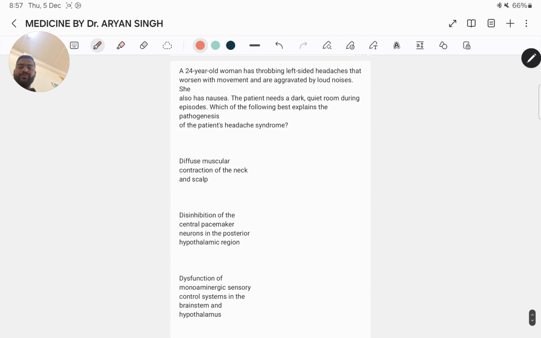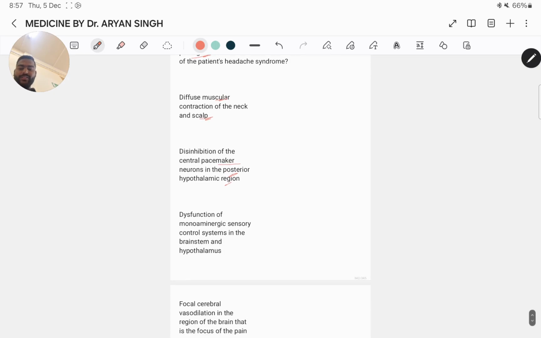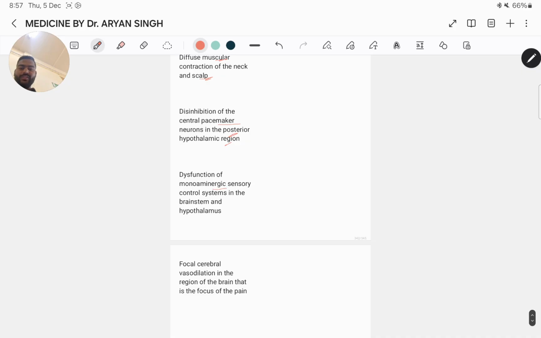Next question. A 24-year-old man has throbbing left side headache that worsens with movement and is aggravated by loud noise. He also has nausea. The patient needs a dark, quiet room during episodes. Which of the following best explains the pathogenesis of the patient's headache syndrome? Diffuse muscular contraction of the neck and scalp, disinhibition of the central pacemaker neuron in the posterior hypothalamic region, dysfunction of the monoaminergic sensory control system in the brainstem and hypothalamus.